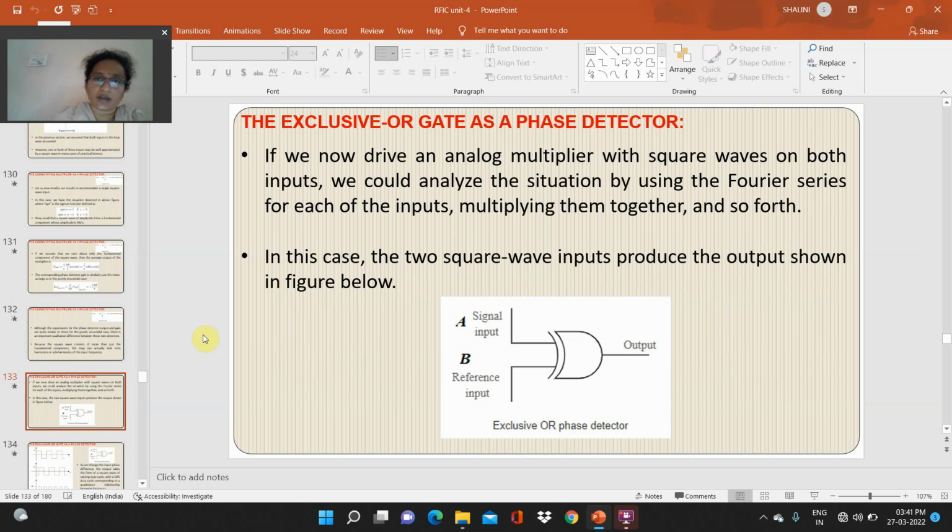Then the exclusive OR gate as a phase detector. If we now drive an analog multiplier with square waves on both inputs, we could analyze the situation by using the Fourier series for each of the inputs, multiplying them together and so forth. In this case also, the two square wave inputs produce the output shown in the figure below.